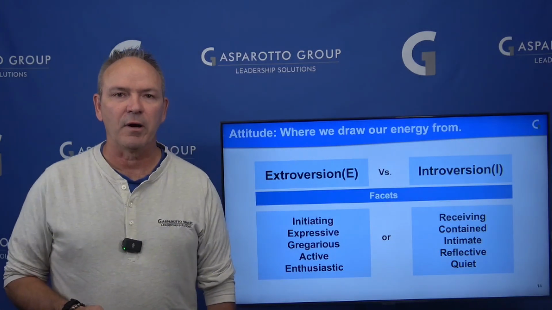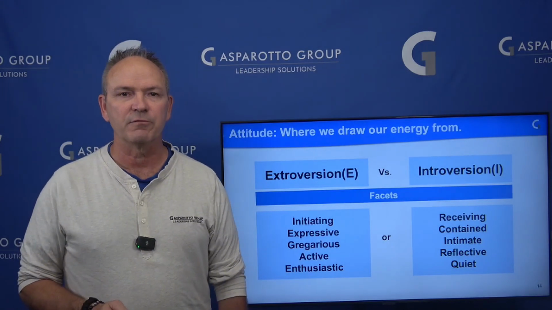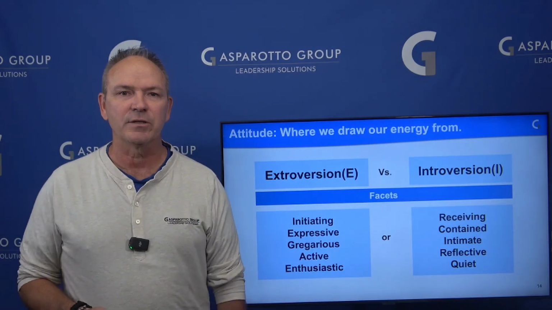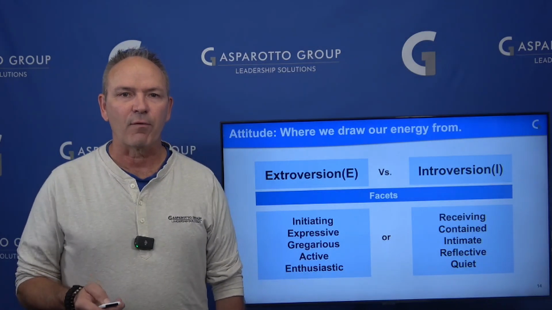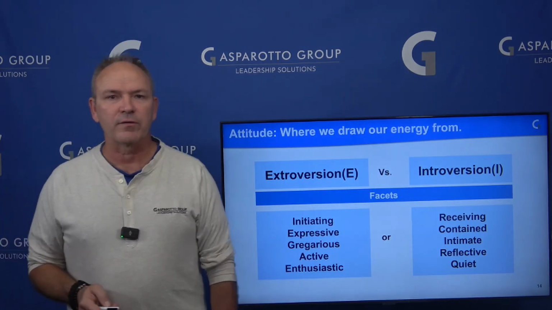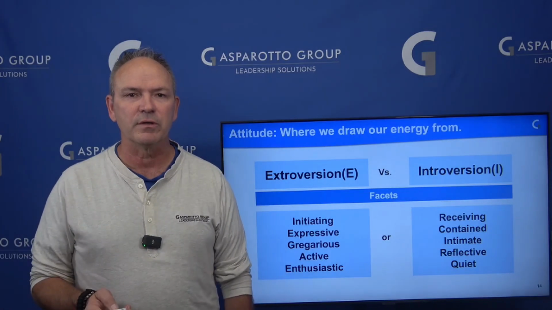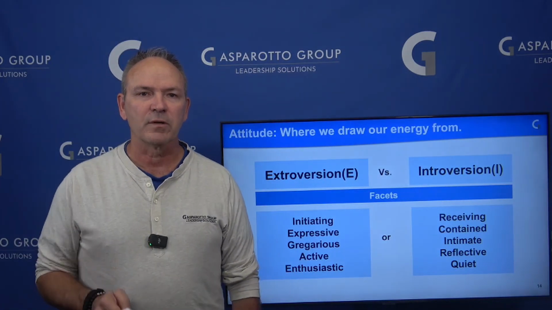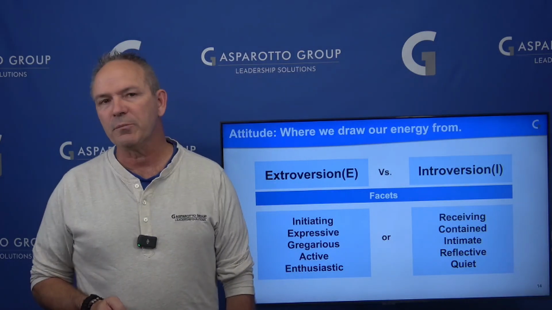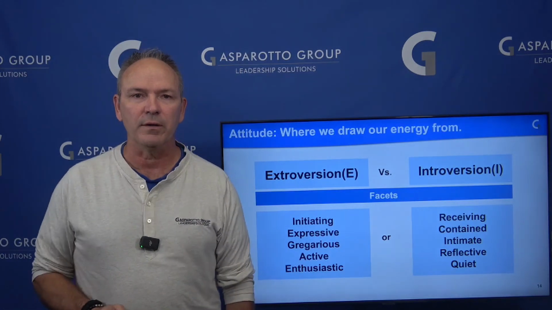Extroversion is characterized by taking the initiative in social settings, openly expressing thoughts and feelings, enjoying a large social network, actively engaging in activities, and thriving on group interactions and attention. In contrast, introversion is associated with preferring others to initiate social contact, being more selective in self-disclosure, maintaining a smaller circle of close relationships, observing and reflecting before engaging, and generally avoiding the spotlight.